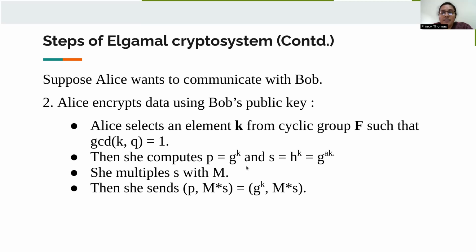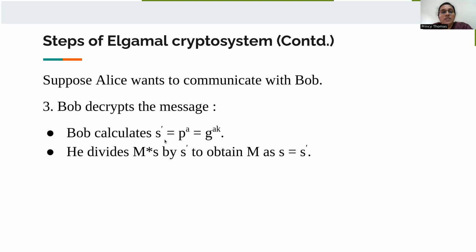So the value he gets when he calculates S dash, S dash and S are the same. Bob calculates P raised to A, which is equal to G raised to AK.